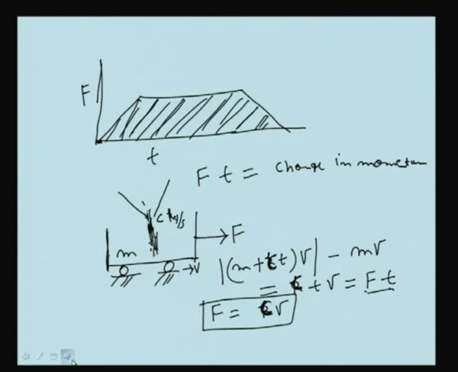It can be shown that the momentum of a system of particles will be equal to the momentum of the mass center of the particles. Momentum of the mass center is defined as the total mass times the velocity of the mass center.